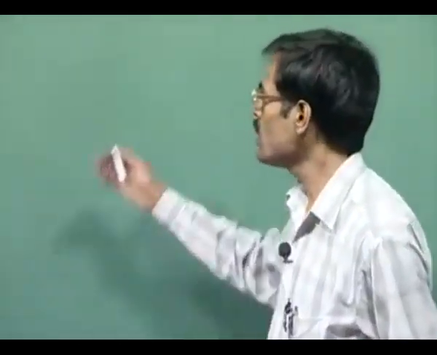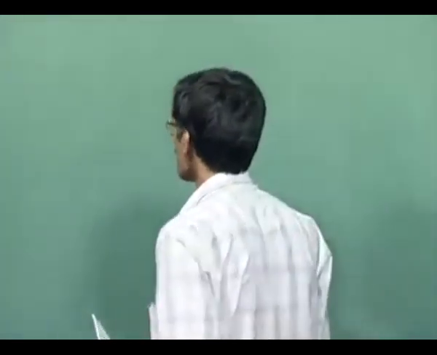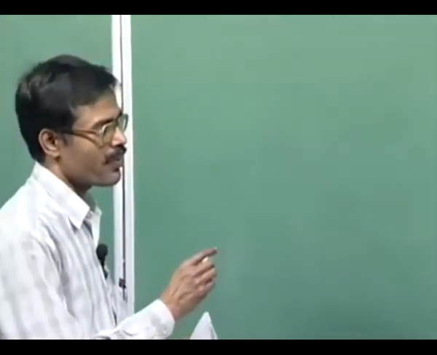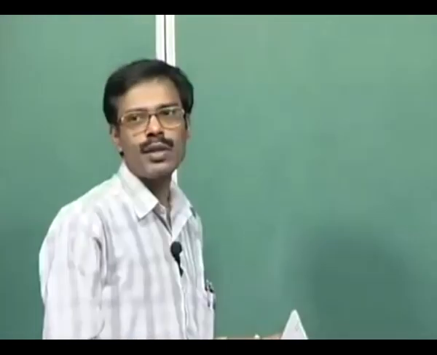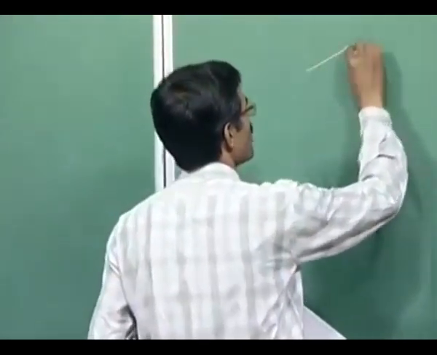To keep the discussion simple, let us take the vector space to be of dimension 2, which we can represent on the board.